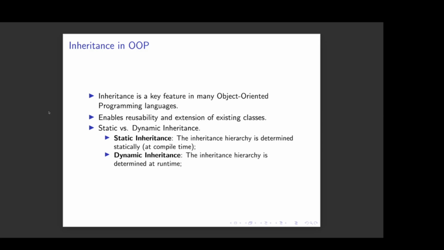One is static inheritance, which probably most of you are familiar with. In static inheritance, the inheritance hierarchy is determined statically at compile time. And then we have dynamic inheritance, a more flexible form of inheritance where the actual inheritance hierarchy can be determined at runtime.